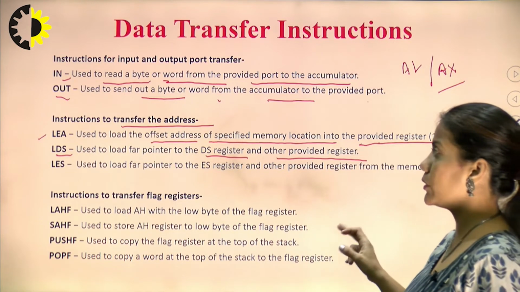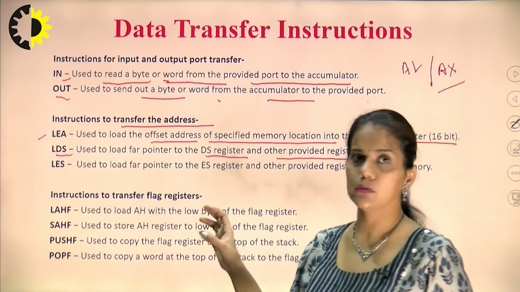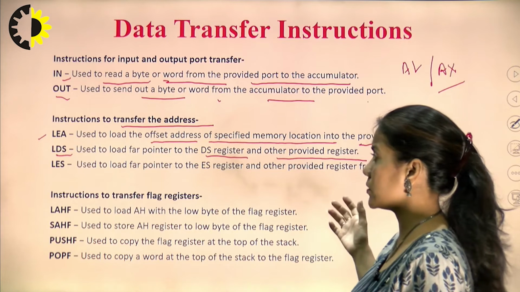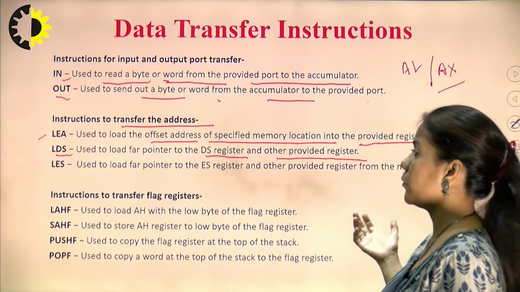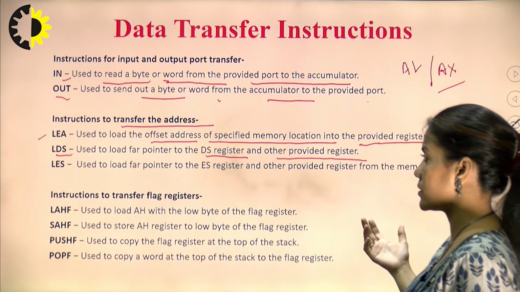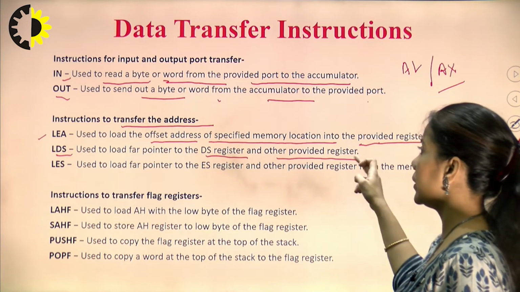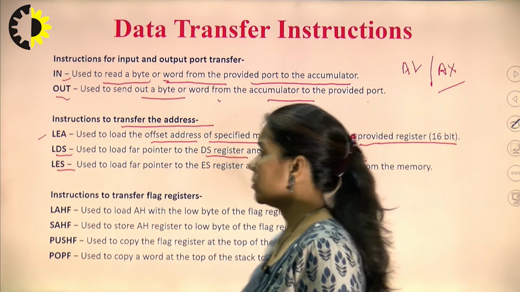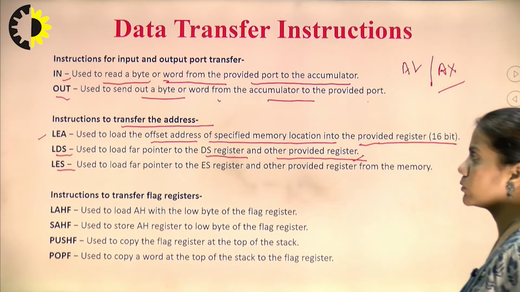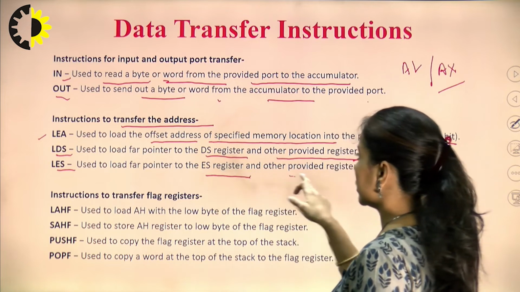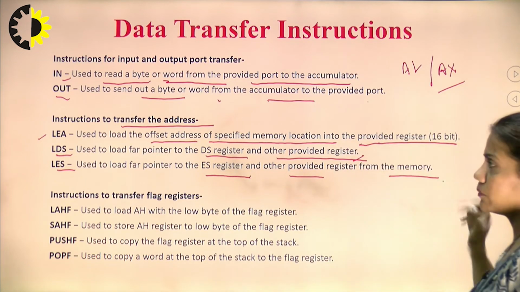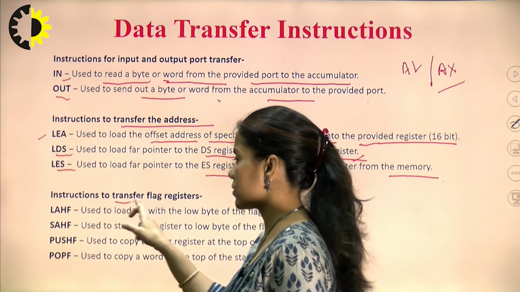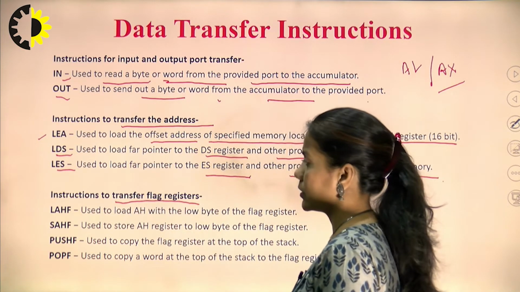It will be loaded to the DS register and the next data, pointed to by the next memory location, will be copied to the provided register. LES is used to load the far pointer to the ES register and the other provided register from the memory. Now the next category is the instructions to transfer the flag registers.